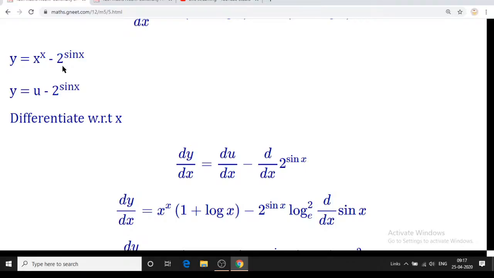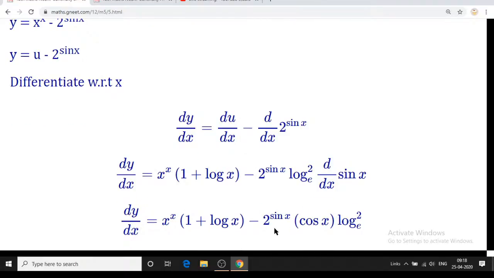Then take log. Then log v will be equal to sin x log 2. So this log 2 you will get, and the derivative of sin x will be cos x, correct? And v was 2 raised to sin x, so you will get dy by dx is du by dx minus dv by dx. You can get it by that also.